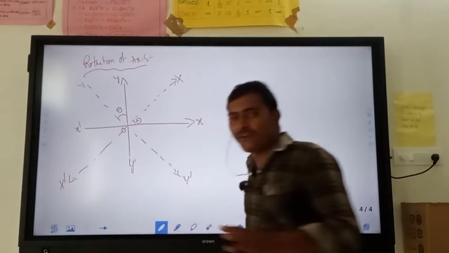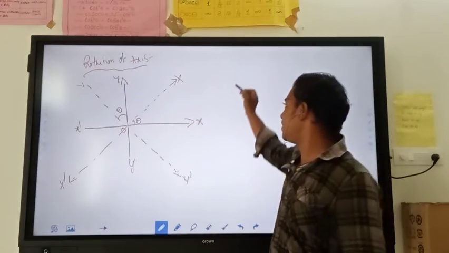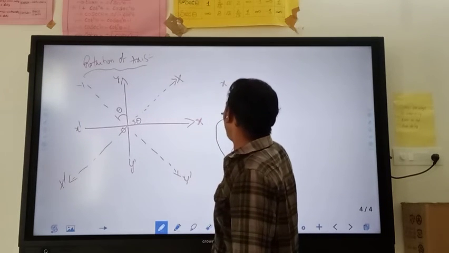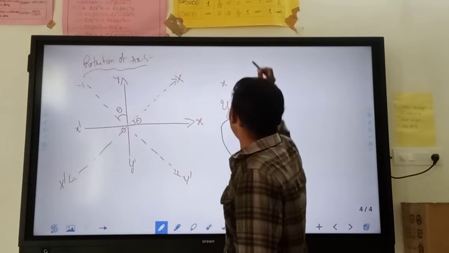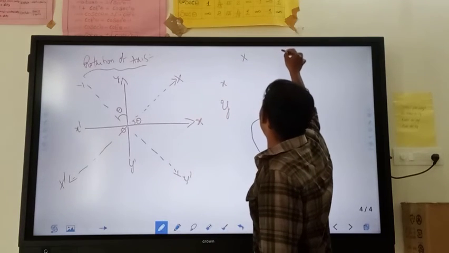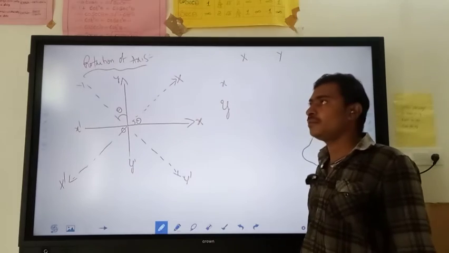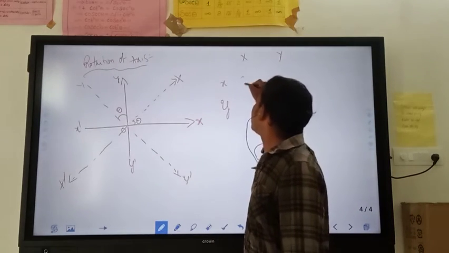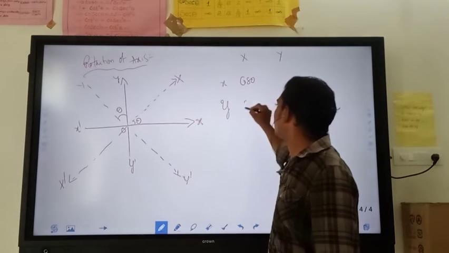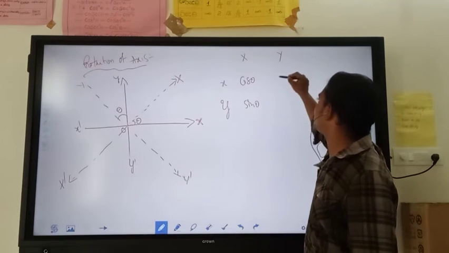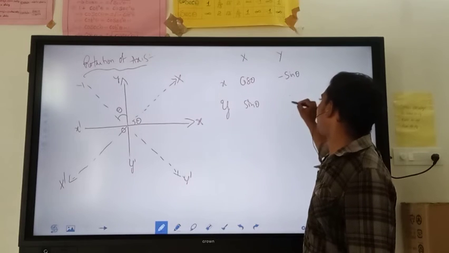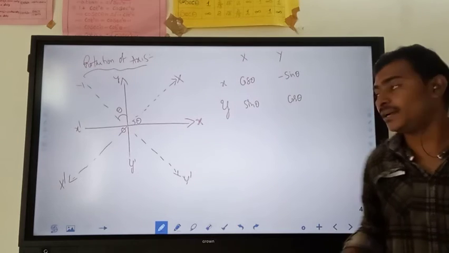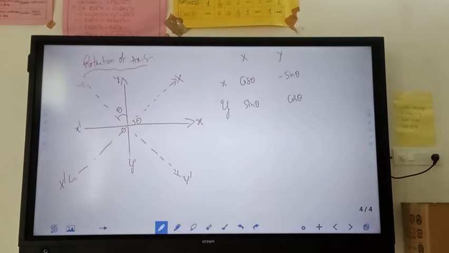In a rotation of axis, we have one table. Here small x and small y, and here capital X and capital Y. The entries are cos theta, sin theta, minus sin theta, and cos theta.